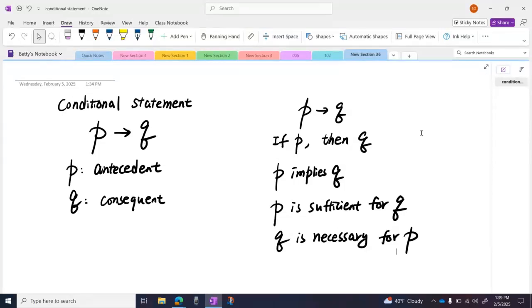I'm going to give you examples to help you understand those 4 ways to express a conditional in words: number 1, number 2, number 3, number 4. Let me give you examples. The first one: let's say P is working hard, and Q is success, or succeed.